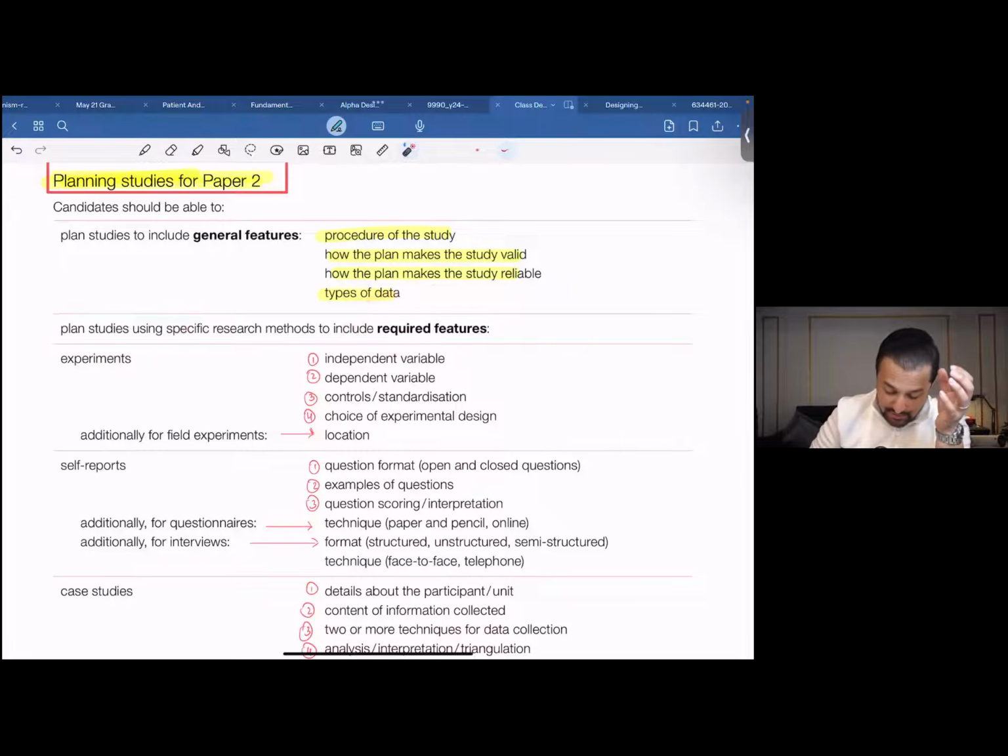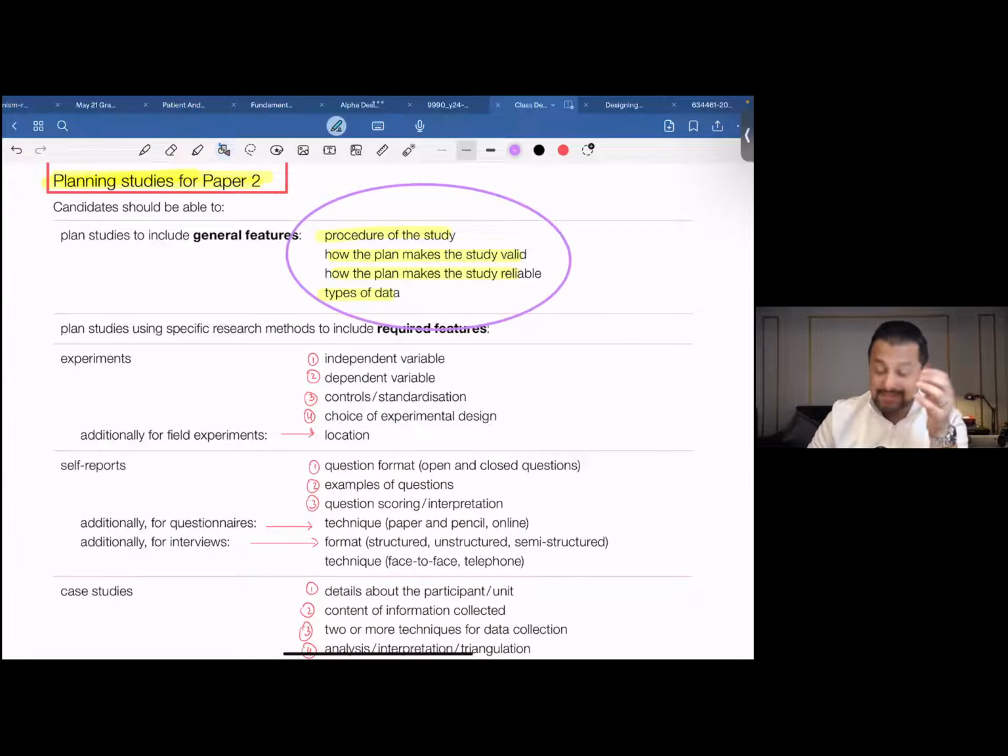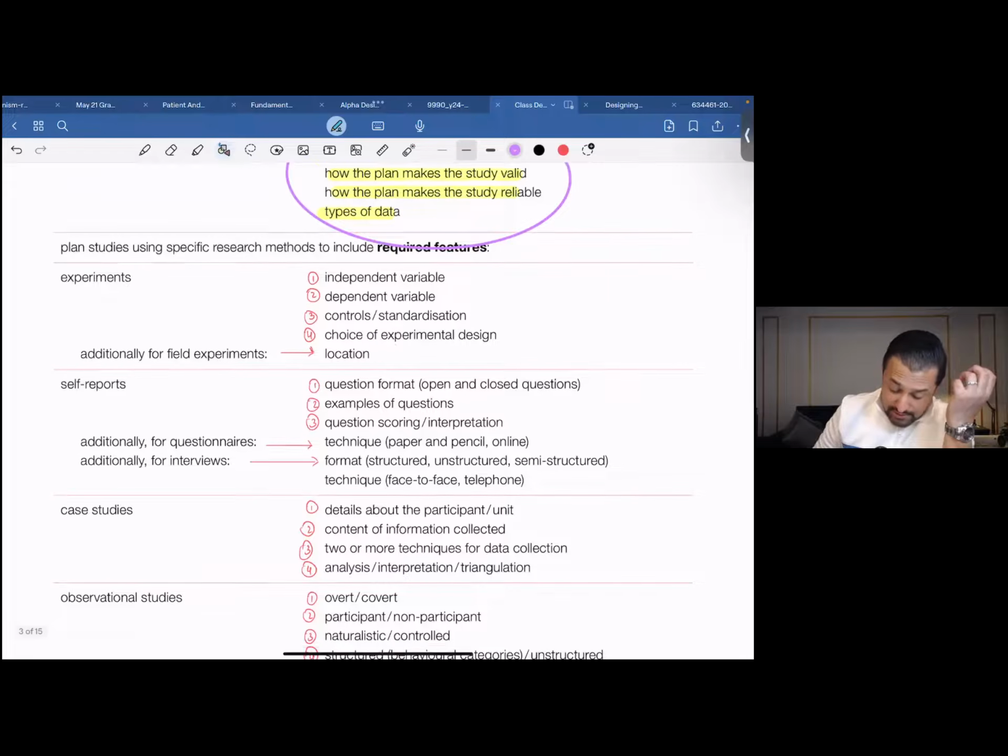See the top part that I just showed you. This is something that has to be kept in mind for any question on designing or planning a study that you get, right? But remember, the examiner would typically mention a particular research method that you'd be expected to use while designing a study.